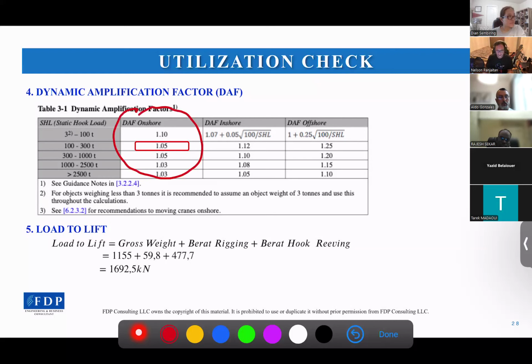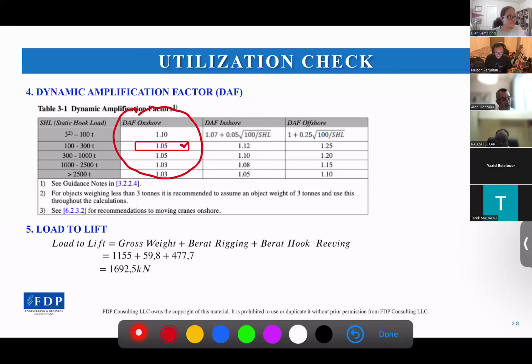Now the total static hook load is the object weight plus the rigging, which is more than 100 tons but less than 300 tons. Then we can choose the 1.05 dynamic factor here. And because it's a single crane, we do not need to use the skew factor, right?